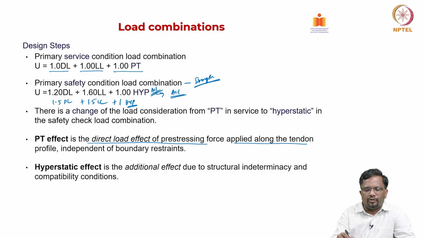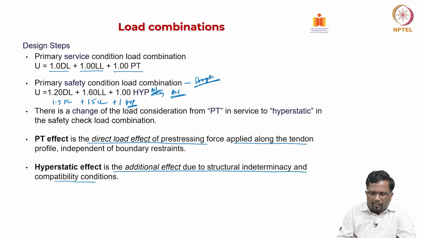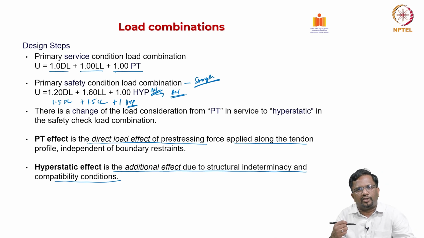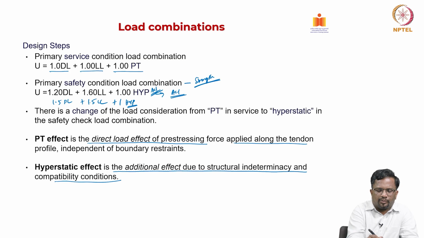We have to consider the effect of your hyperstatic effects. What is hyperstatic effect? It is again the additional effect due to structural indeterminacy and compatibility conditions. The additional moments that are developed because of the pre-stressing, because the structure is structurally indeterminate, have to be included in your strength calculation. This is as per IS code, ultimate strength.